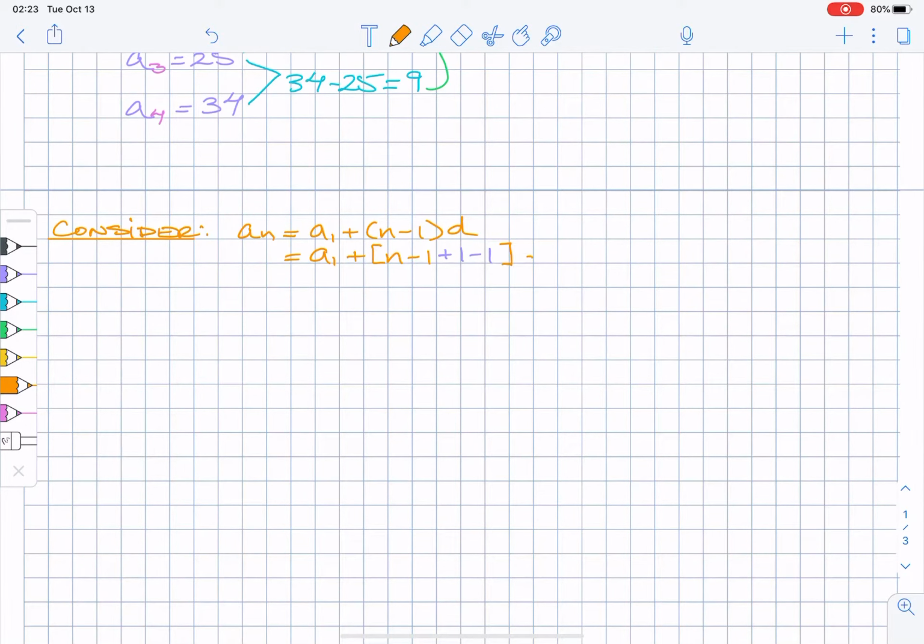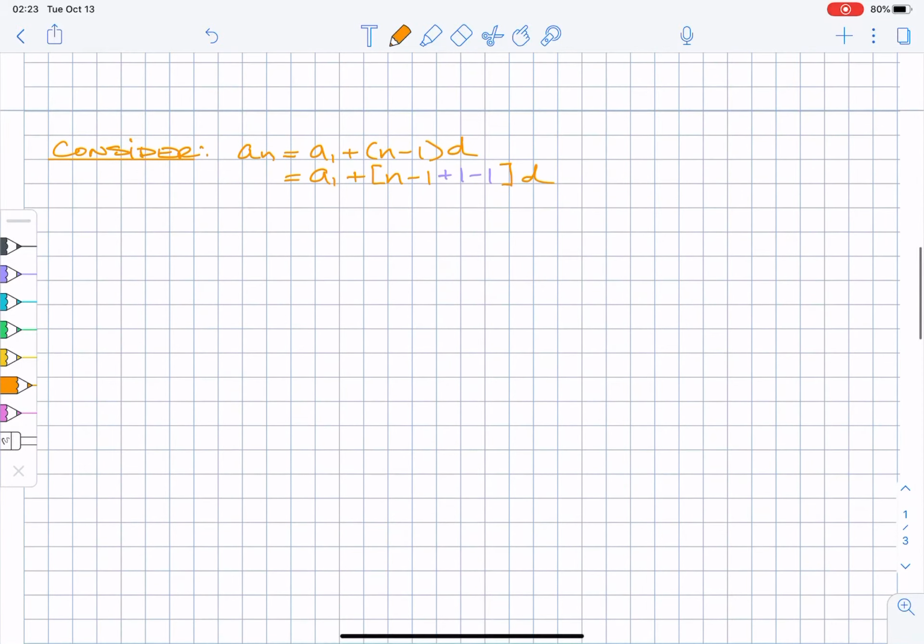I'm technically adding 0. So this is a1 times the quantity, now I'm going to group n minus 1 and negative 1 to get n minus 2 times d, and then distribute plus 1 times d from that purple.